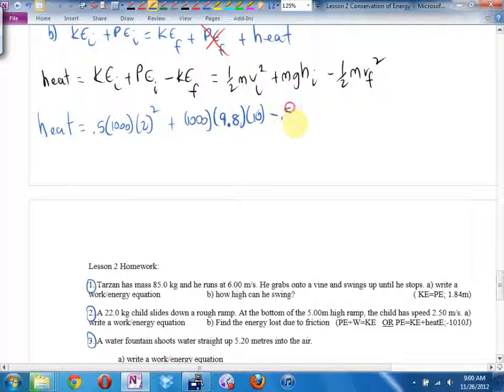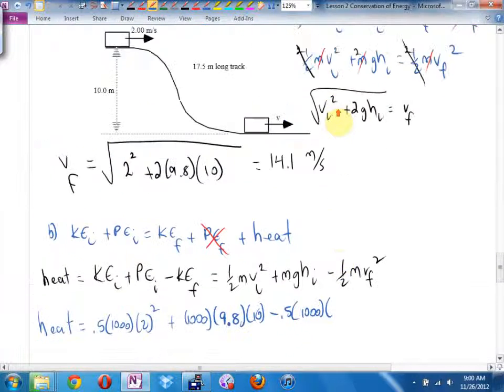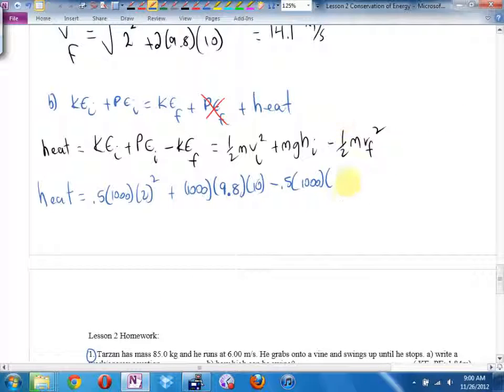Minus 0.5 times 1,000 times V final, what do they say? 12 squared.